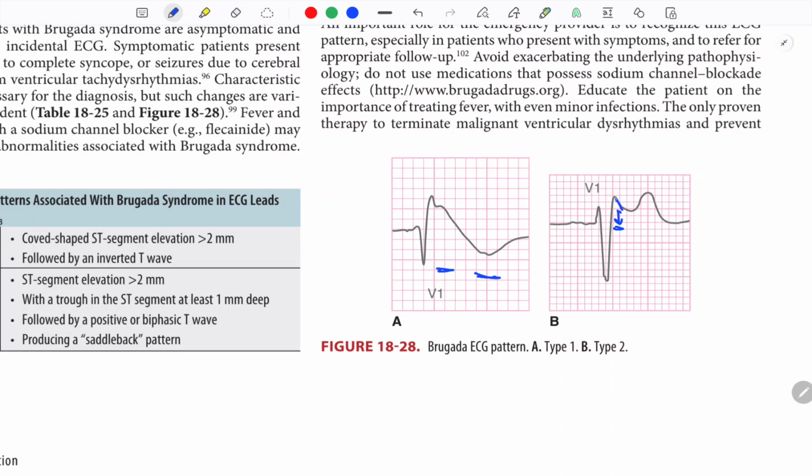So it rises by 2 mm and then depresses by 1 mm followed by a positive or a biphasic T wave, producing a saddleback pattern. So saddleback is Brugada.